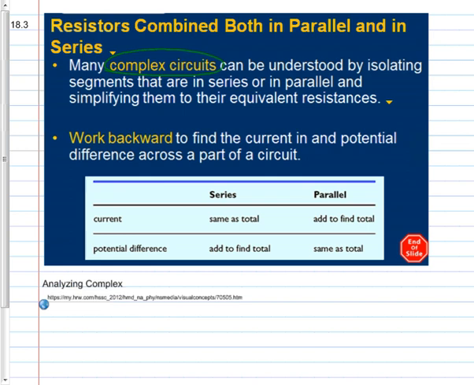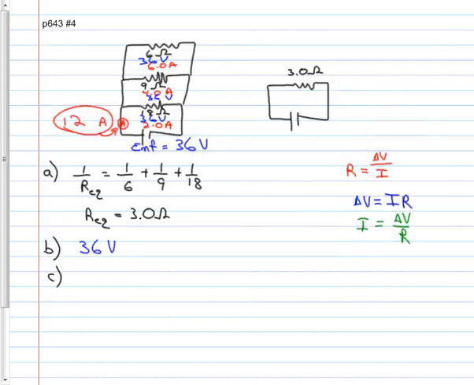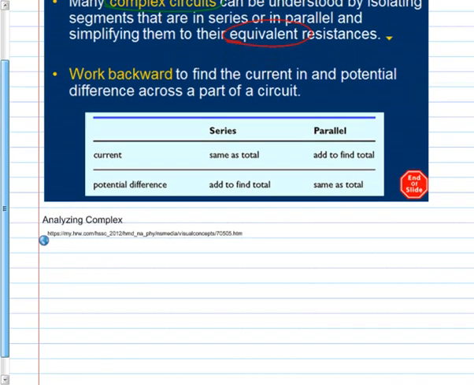And when you're done putting all those segments together, you are going to get down to one equivalent resistance, one voltage source, and one current. It is going to look like this picture right here when you're done, just one thing. And then you can slowly back out and find everything that may be missing.